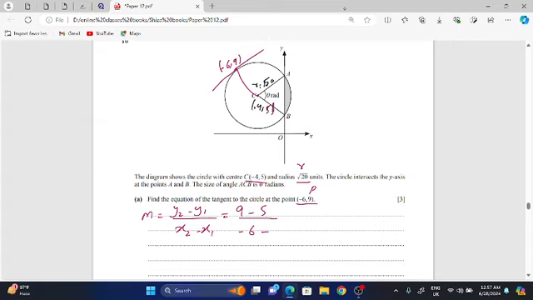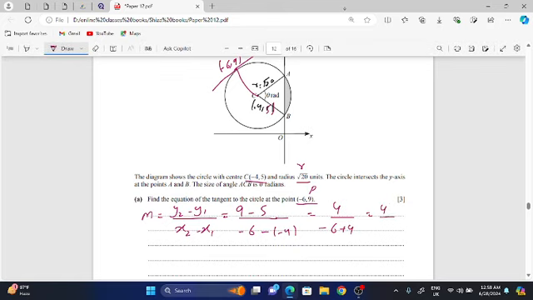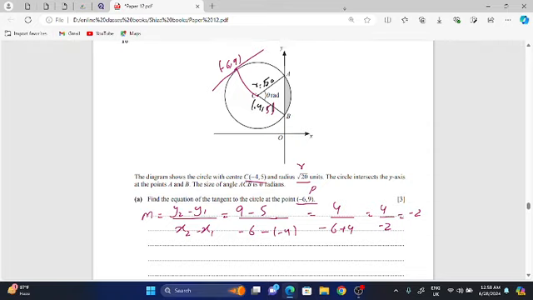Minus minus will become positive, so it becomes 4 over -6 plus 4, that is 4 over -2, which becomes -2. This is the gradient.